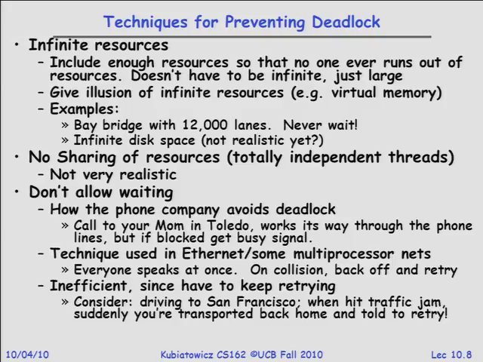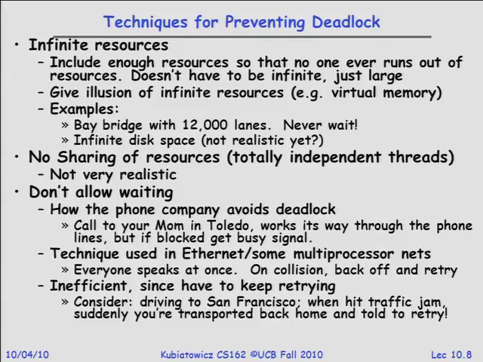This is actually a technique used in some networks. We'll talk about Ethernet later in the term, but how many people are familiar with the collision algorithms that they have in various networks like Ethernet? Any of you? Okay, so the idea is both people start talking at the same time, they detect a collision, they both back off for some random time, and then they try again, and one of them makes it through.